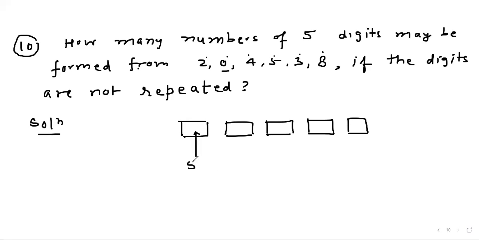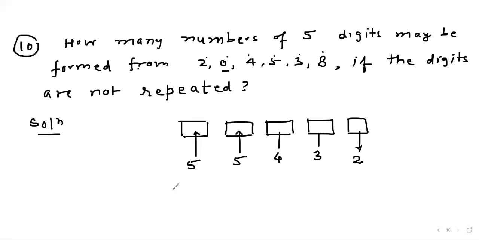So there are 5 ways for filling this. Then this place can be filled by 5 ways. Then this can be filled by 4 ways. Then this can be filled by 3 ways. And this can be filled by 2 ways.